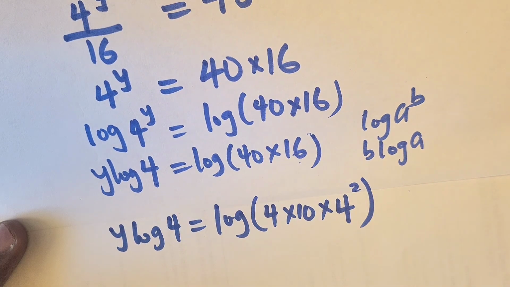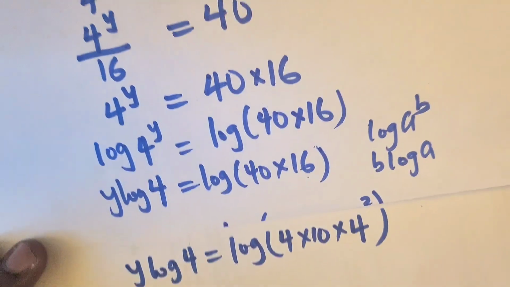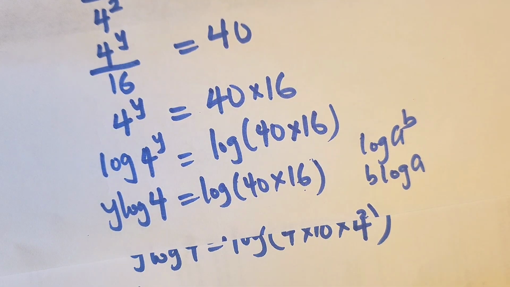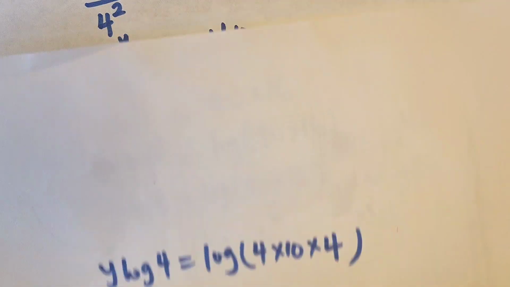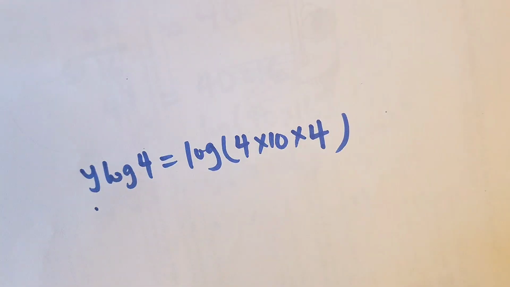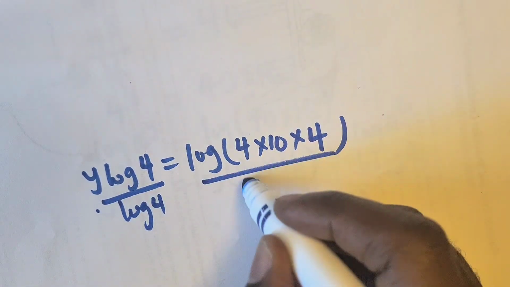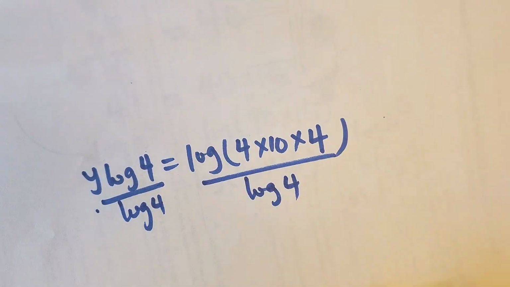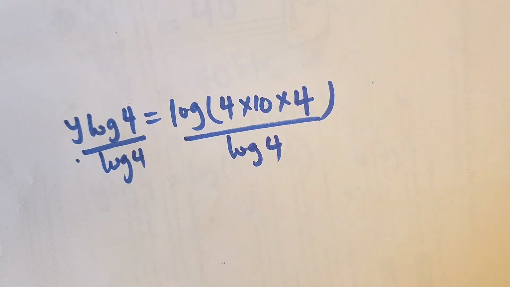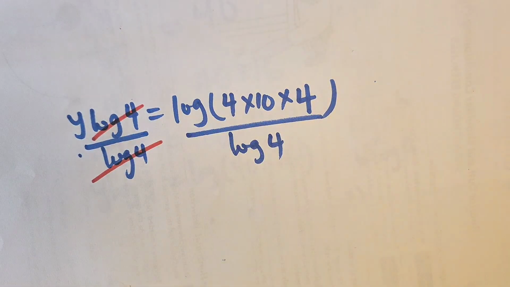So from here, we can have y by dividing both sides by log 4. So here on the left-hand side, log 4 is going to cancel out log 4.